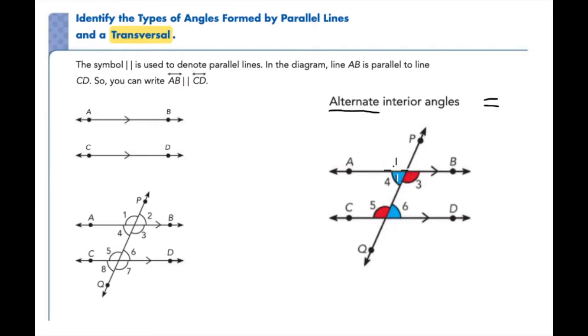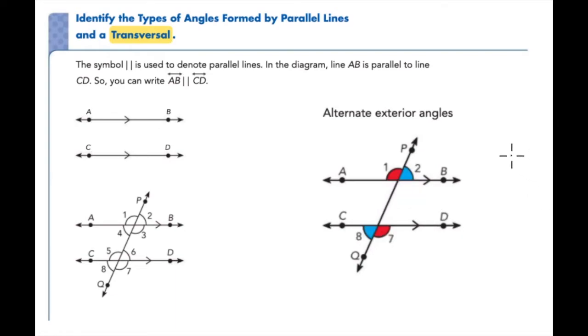They have the same measure. Same with 3 and 5. 3 and 5 are in between the parallel lines, and they are on opposite sides of the transversal, so they are alternate interior angles. So they also have the same measure.